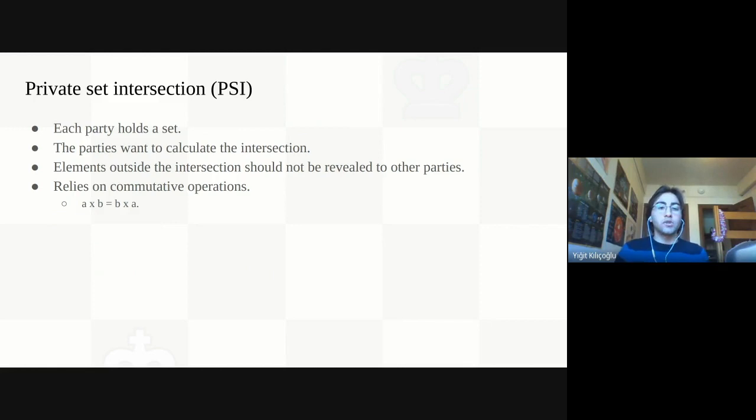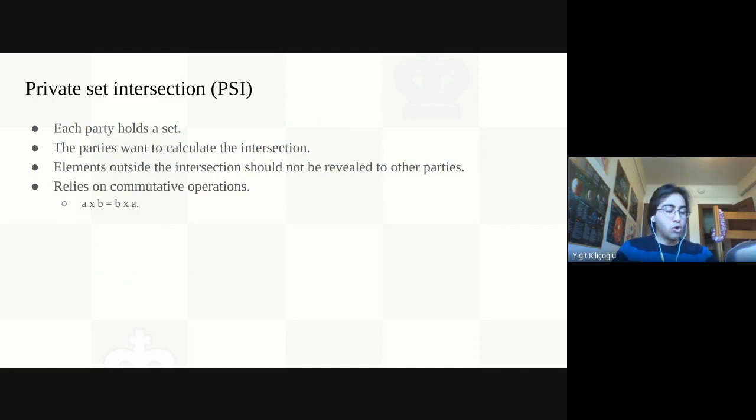And so essentially what it boils down to is, if we had the same value initially, then A times B is equal to B times A. So we had the same value.